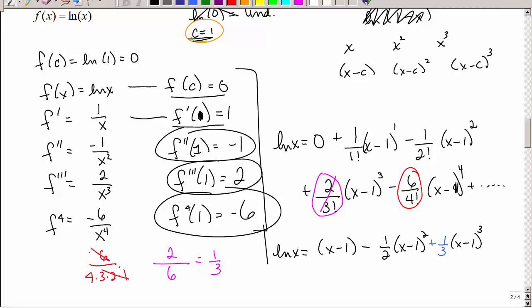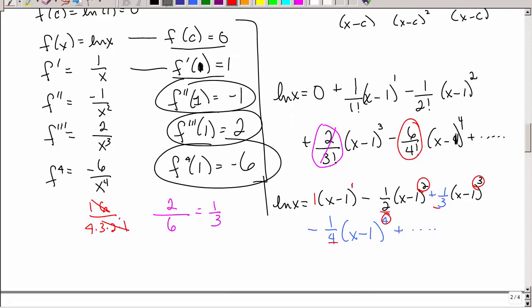Well, I know that's 6, so that just leaves me 1/4. And that was a minus. Now I see a pattern. Look at that. This is to the first power. That's to the second. That's to the third. That's to the fourth. It's alternating signs. I think I'm good to go.